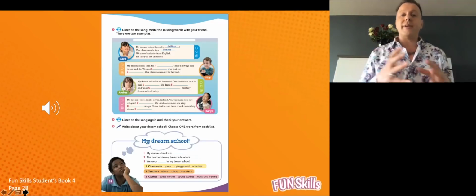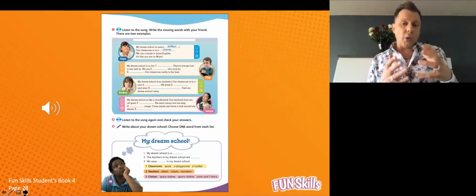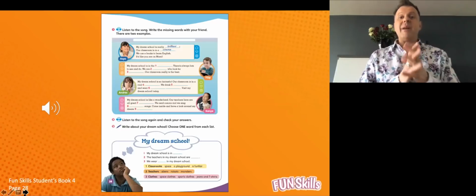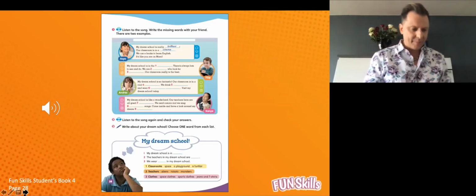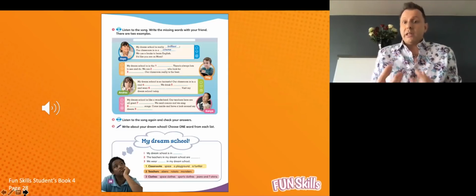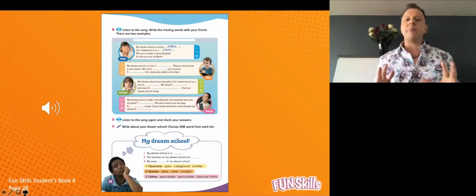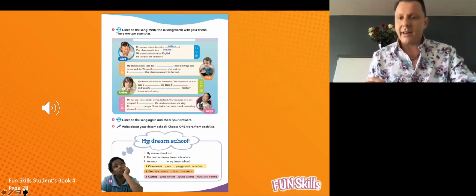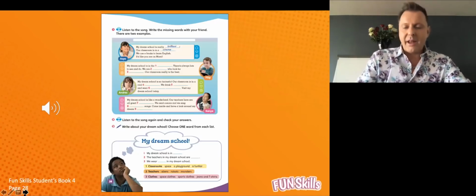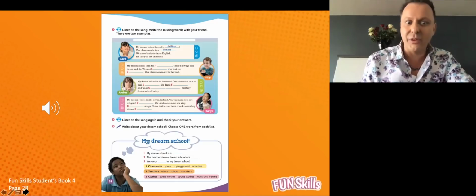So vocabulary related to people, vocabulary related to clothes, and vocabulary related to places. Where might their dream school be? This is one where you will need your realia, you will need your props, because there's a lot of meaning conveyed in this song. So again, get ready, be brave, be bold, and get ready to lift off the roof.